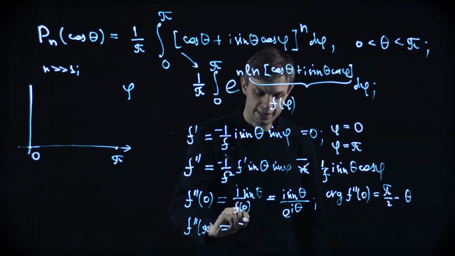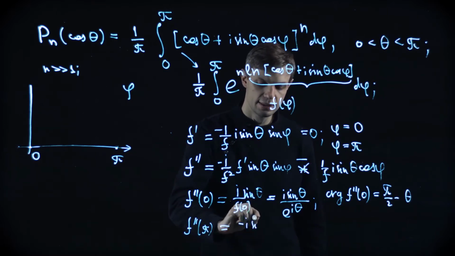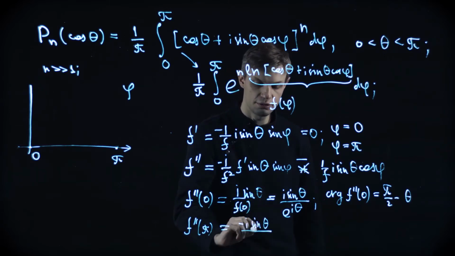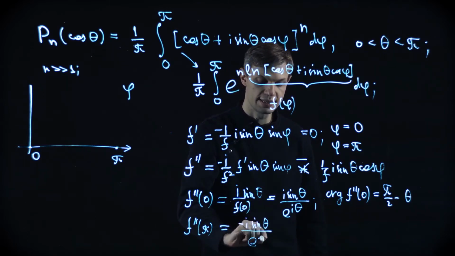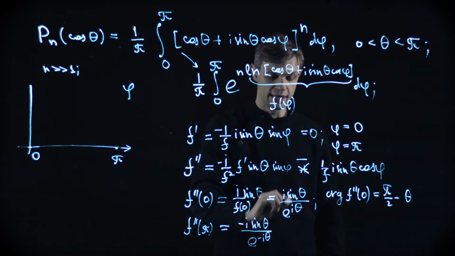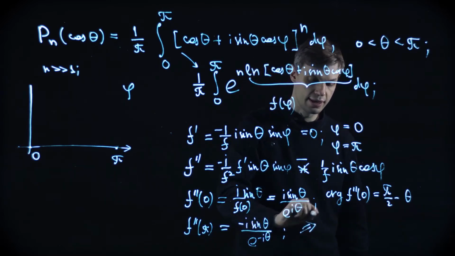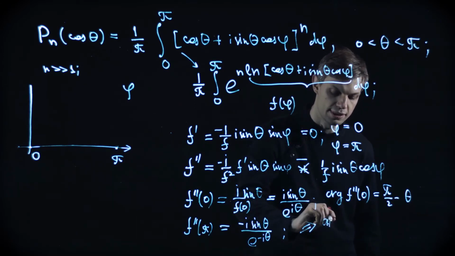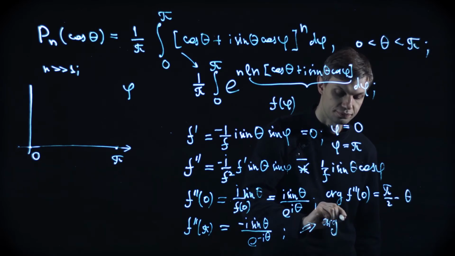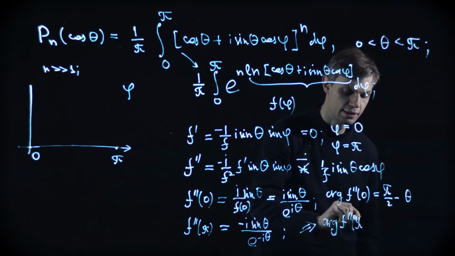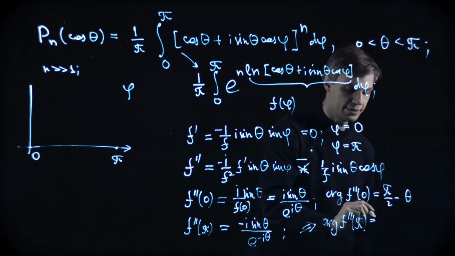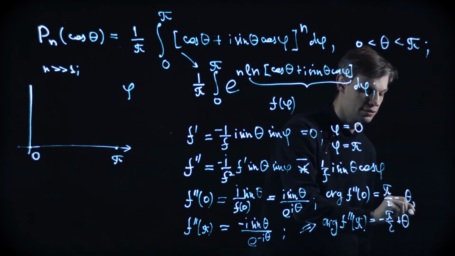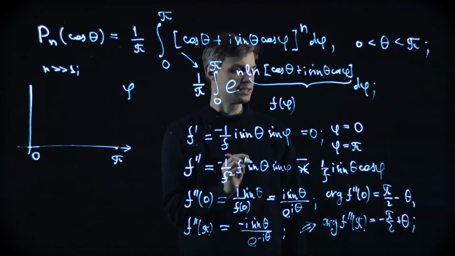So now we have minus I sine theta divided by f of 0, which is e to minus I theta. And as a result, the argument of f prime prime at pi is equal to minus pi by 2 plus theta.